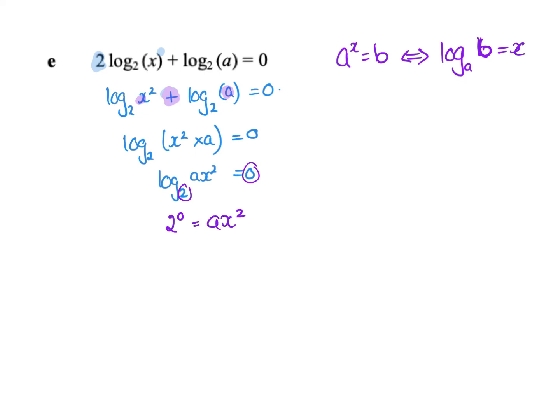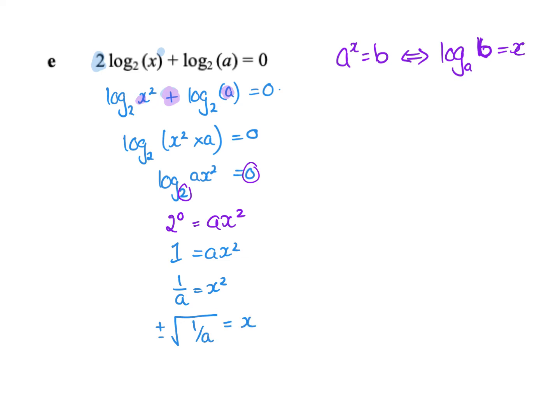I'm trying to find out what x is, just solving for x. Anything to the power of 0 is 1, so I've got 1 equals ax squared. I'm just trying to get x by itself, so I'll move the a over. So 1 over a equals x squared. The opposite operation to squaring is the square root, but we're going to remember to write plus or minus. Square root of 1 over a equals x.